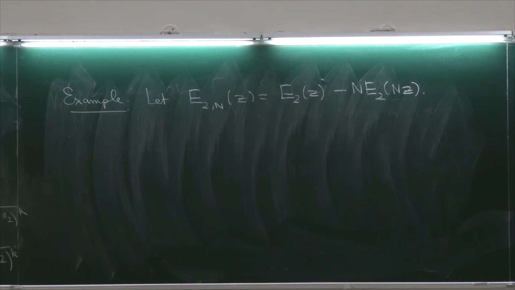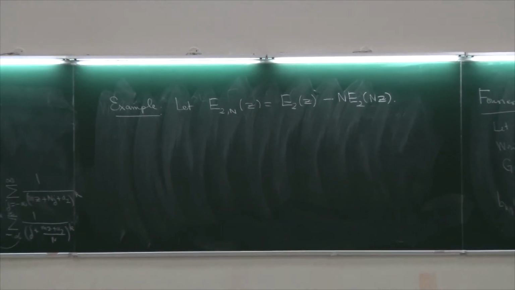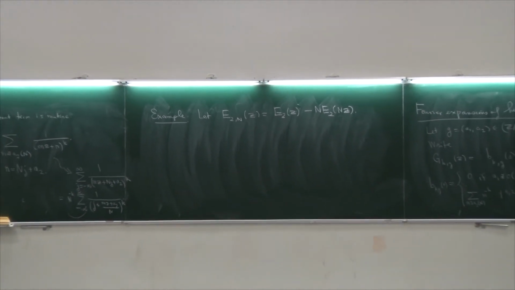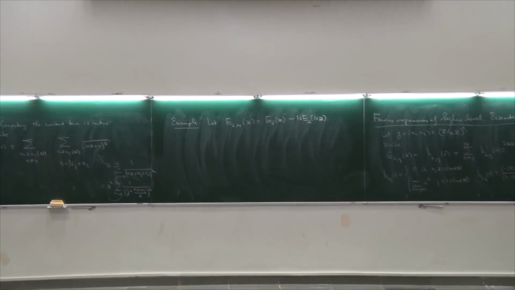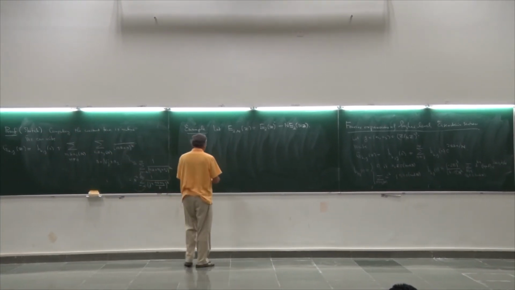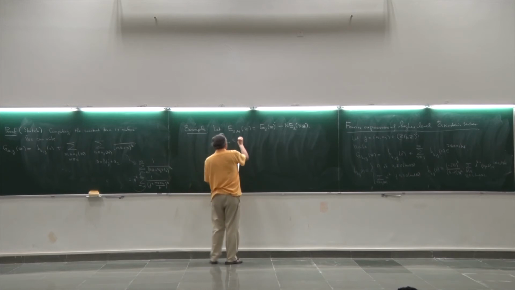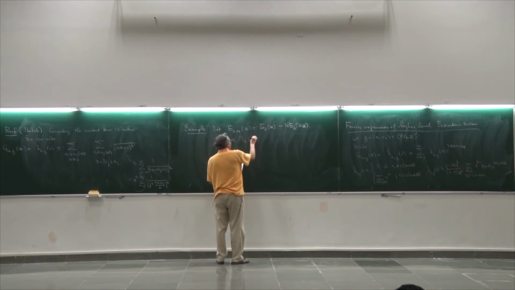Remember that E2 is not a modular form, but what's called a quasi-modular form. But we did determine the modular transformation relation for E2 of z. The question is, where does this live? Well, this is a modular form, surprisingly, in gamma naught of N.